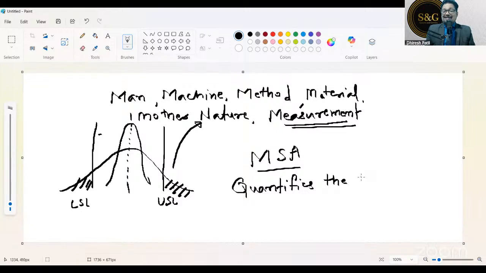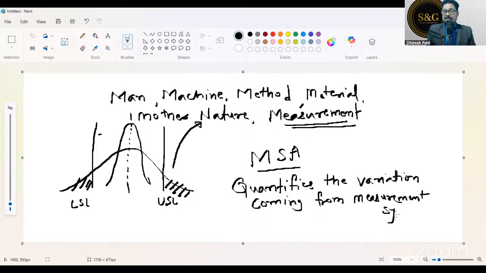It quantifies the variation coming from the measurement system. So MSA, measurement system analysis, is a branch of statistics, or you can say Six Sigma, which quantifies the variation which is coming because of the measurement system.